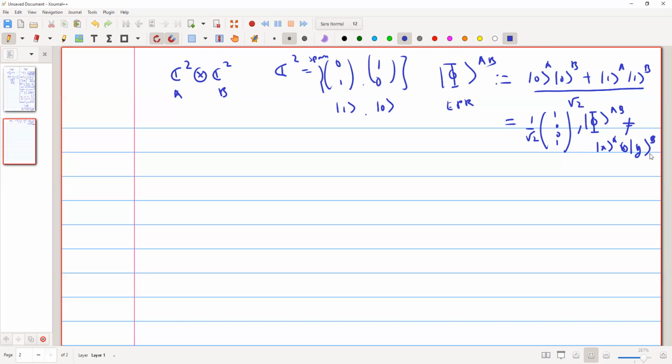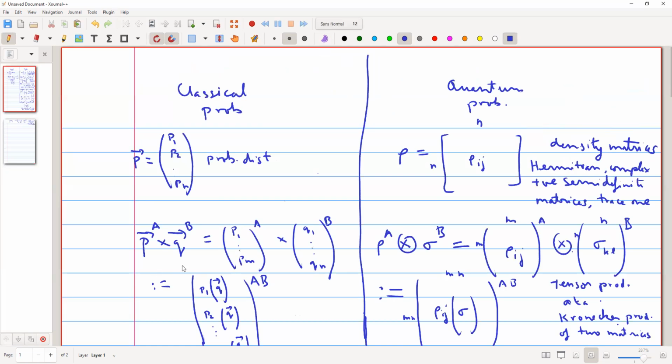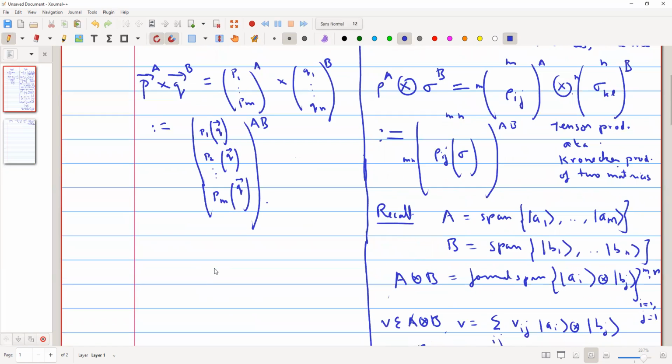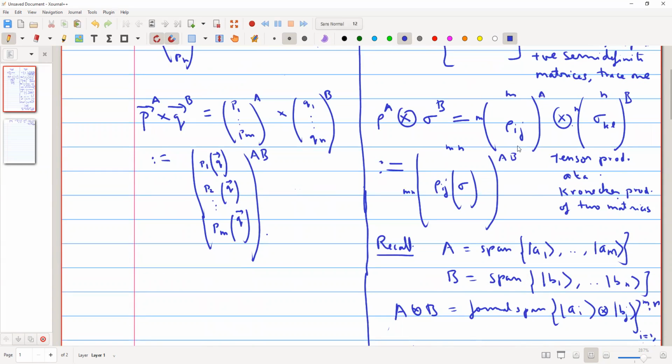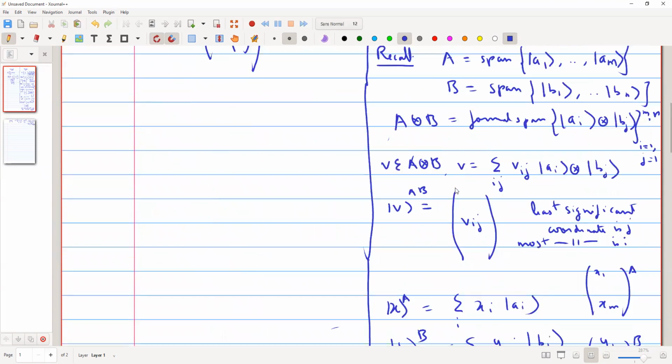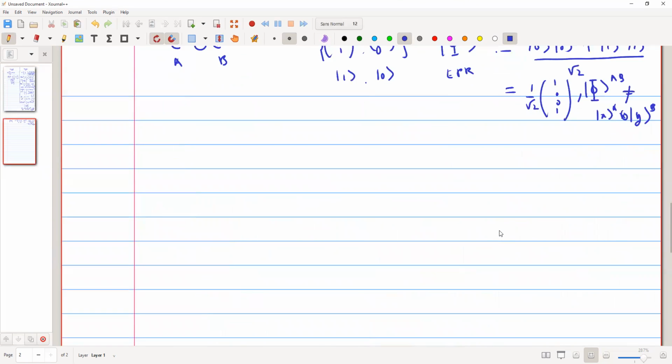Okay, so let's go ahead. So back to the thing. We started off with the product of two probability distributions, defined the quantum analog, the tensor product of two density matrices, and then we saw this definition is with respect to a particular ordering.